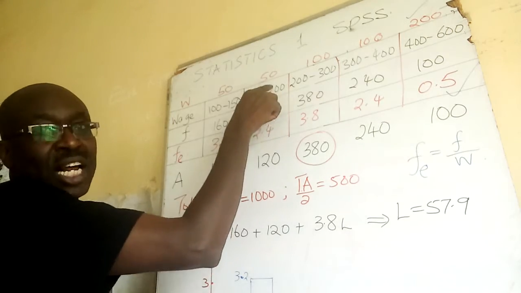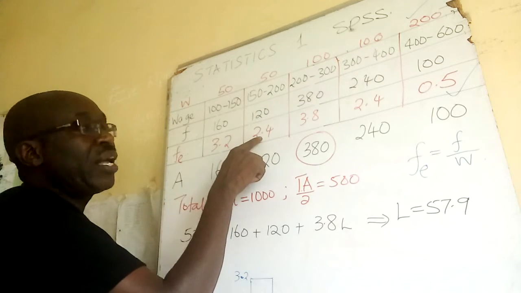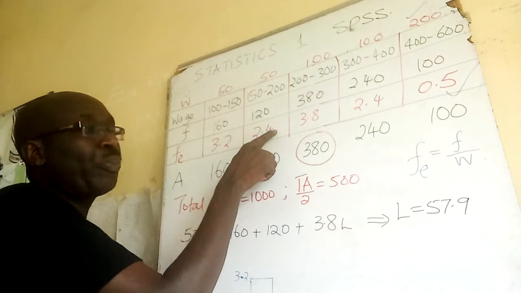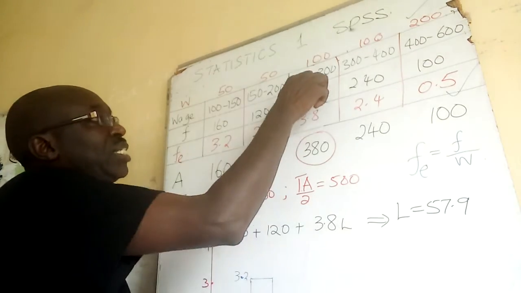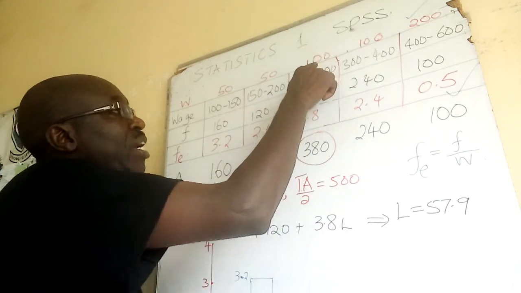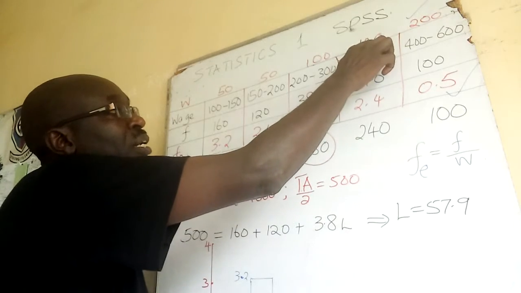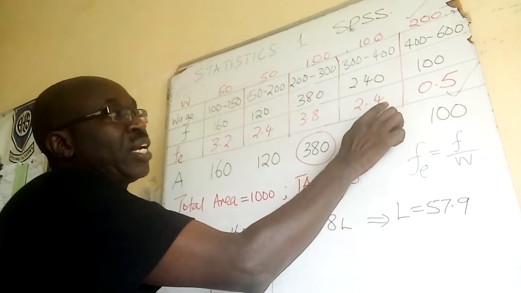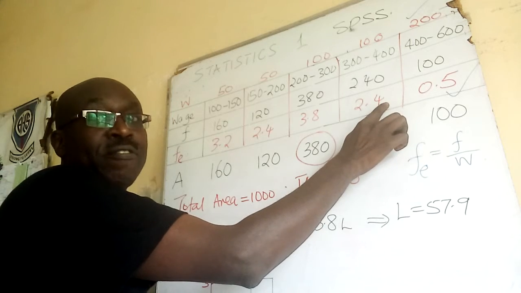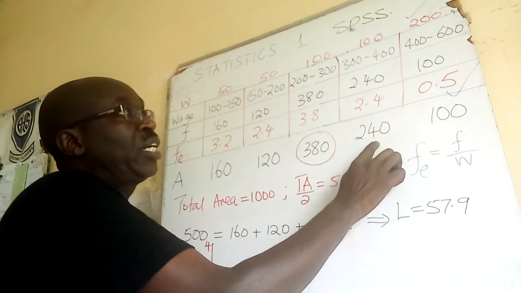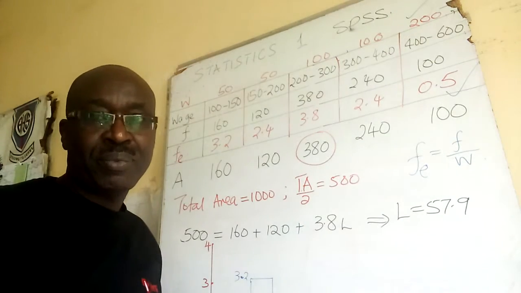In the second class, the width is 50, we multiply by a height of 2.4 to get 120. Class number 3, a width of 100 and a height of 3.8 gives 380. Then a width of 100 and a height of 2.4 gives 240, and finally 200 times 0.5 gives 100.